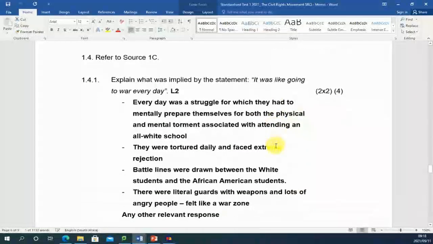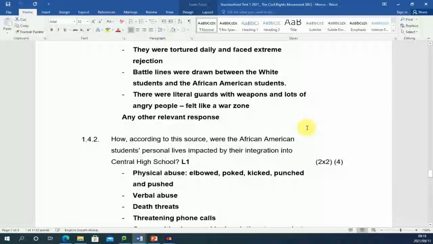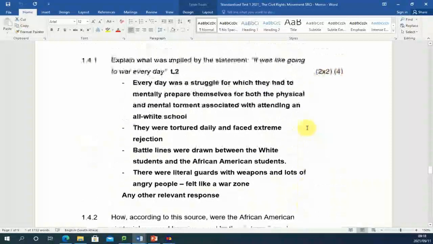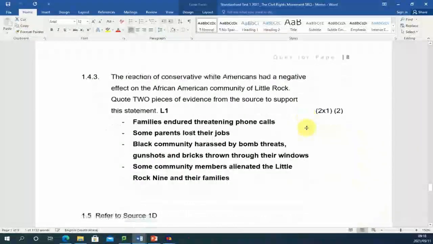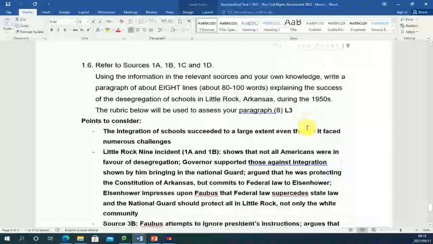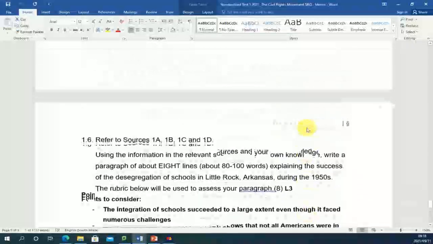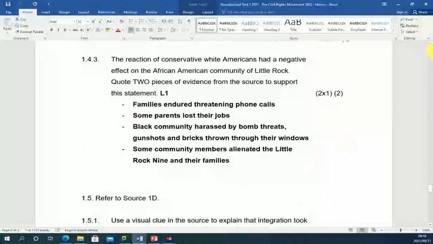So, explain what is implied by the statement, it was like going to war every day, okay? Oh, sorry, this is still from 1B. I apologize. I've got the old paper and not the revision. Let me just pull that up quickly.